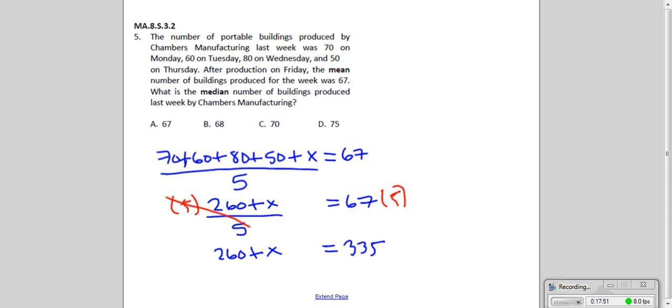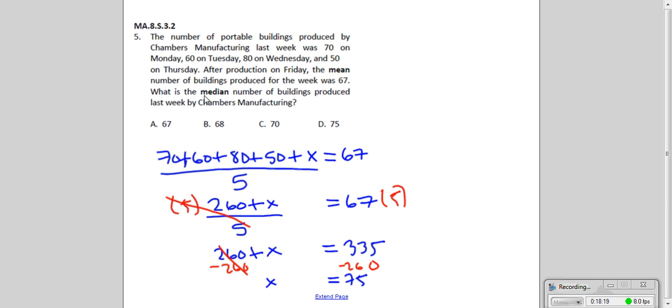Subtract 260 from both sides. These will cancel. And I get left with x is 75. Now, we know that Friday's score was 75 because the mean was 67 and we set an equation to find Friday's score, which was x.